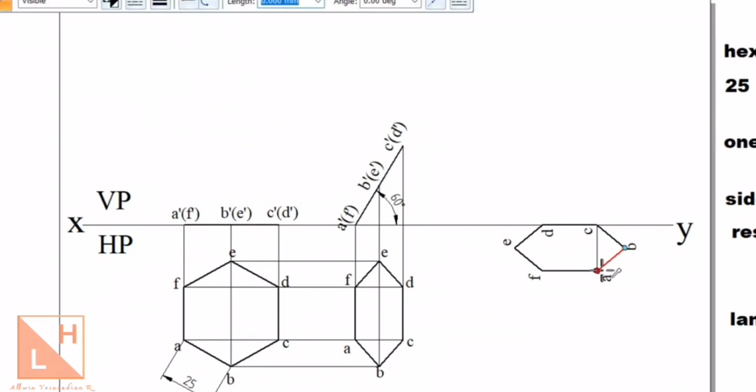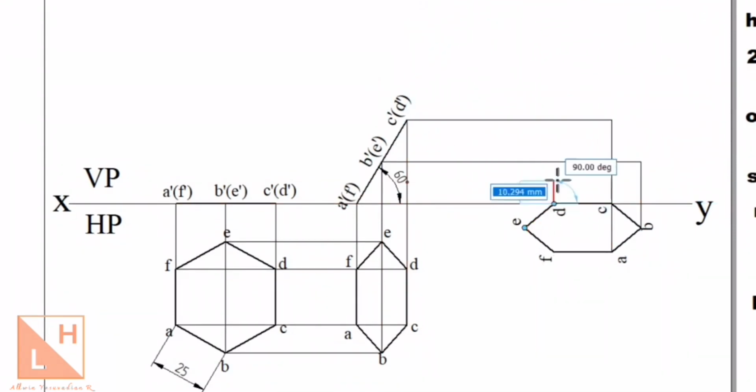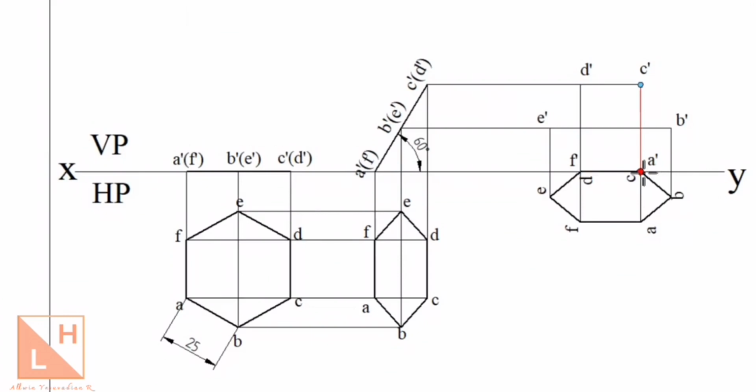So now by drawing projection lines from A to A dash and so on continuously, we'll get the final position. Join all these 6 points with a dark line and that will complete the solution.